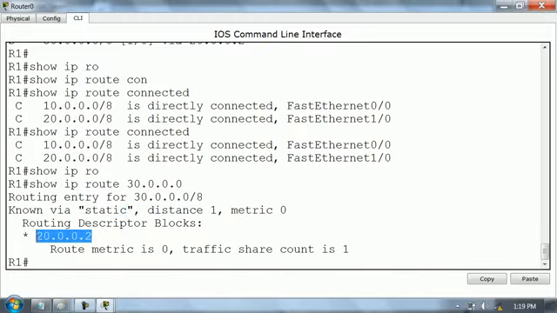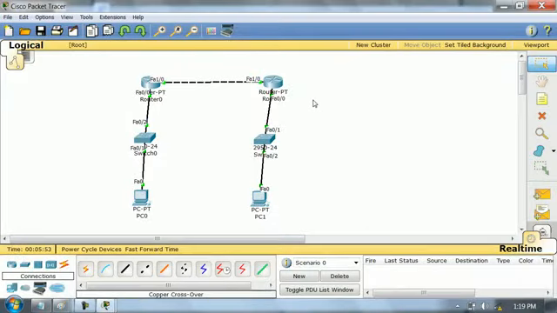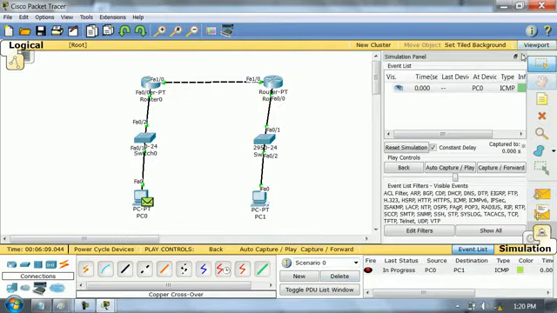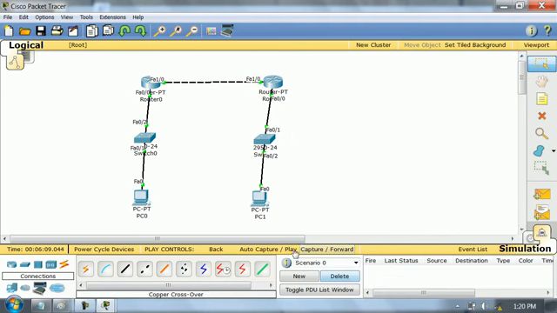Any problem? Now guys, we will check the packet flow. Fine. This guy will send packet to the router.